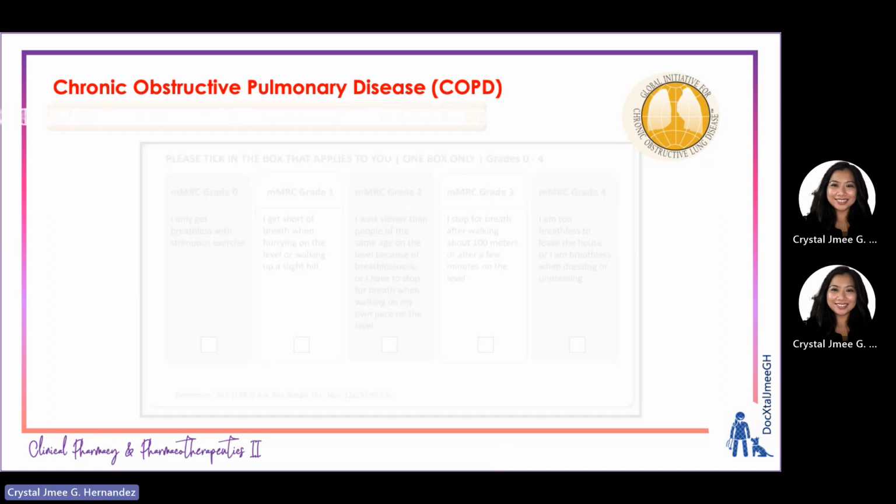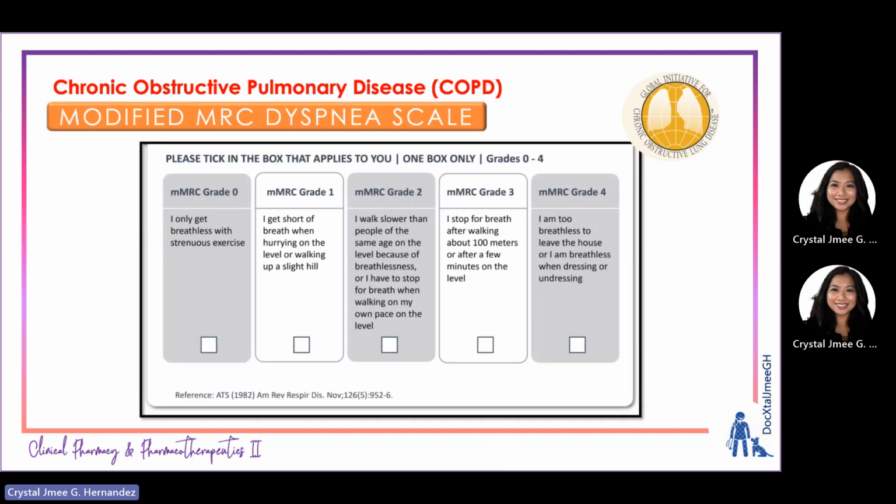So we also mentioned that after classification of grading and severity, we can also use the modified MRC dyspnea scale. So this is the example of the scale that we are going to use. As you can see, this is the mMRC grading. We have 0, 1, 2, 3, and 4. And then each grade is characterized by activity and symptoms. For example, for grade 0, I only get breathless with strenuous exercise.